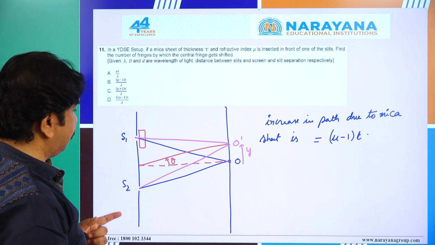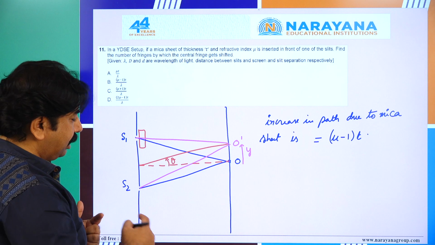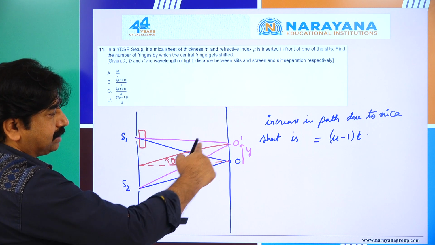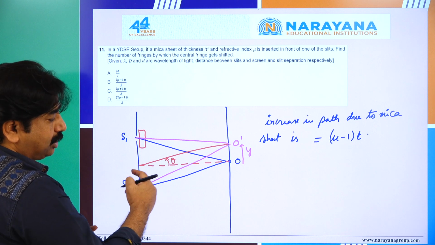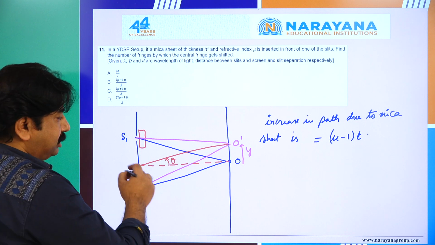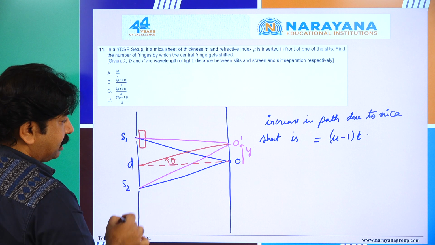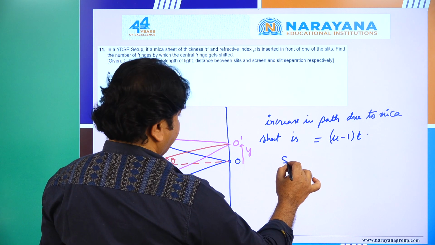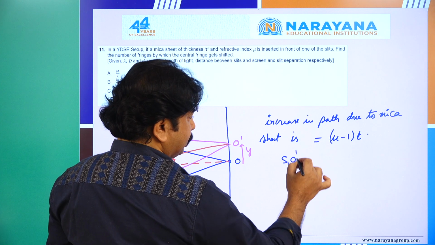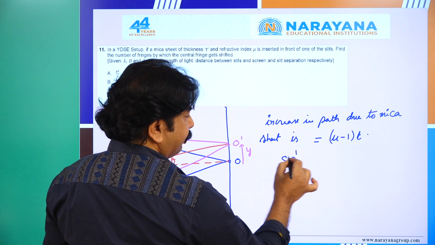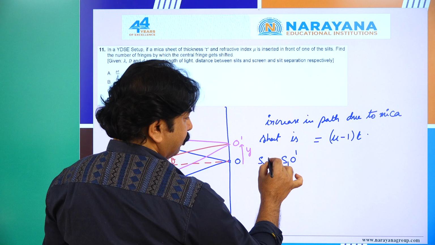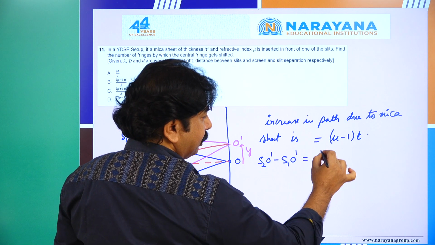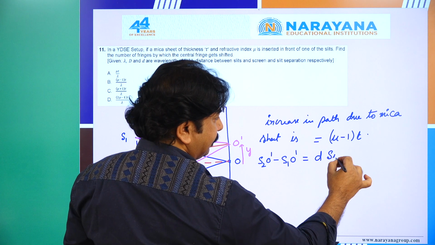Actually, when we observe S1 O dash and S2 O dash, the geometrical lines, which is dominating? If this distance is D, then S2 O dash minus S1 O dash should be equal to D sine theta only.